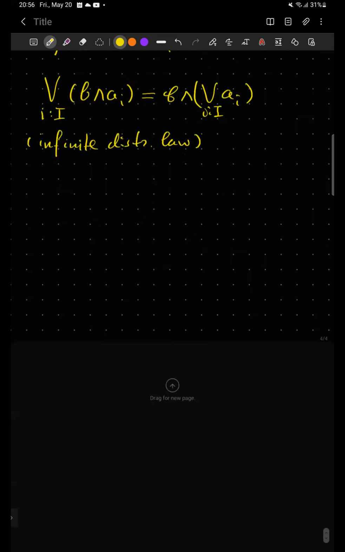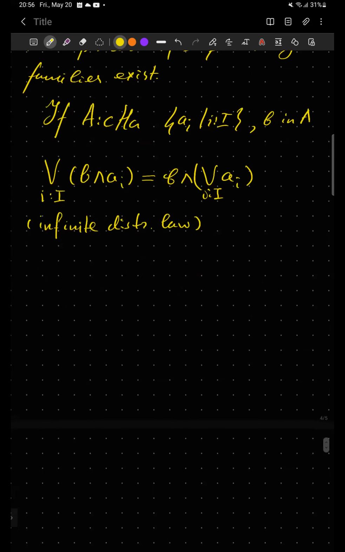The proof of this identity is straightforward from the condition on the implication operator.